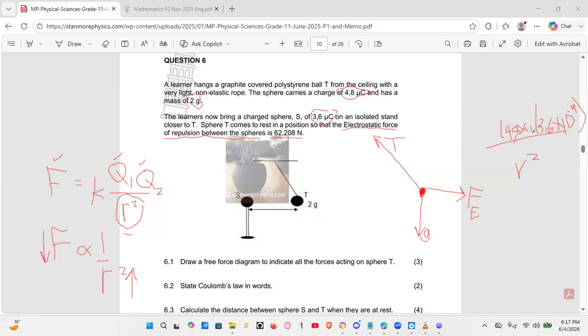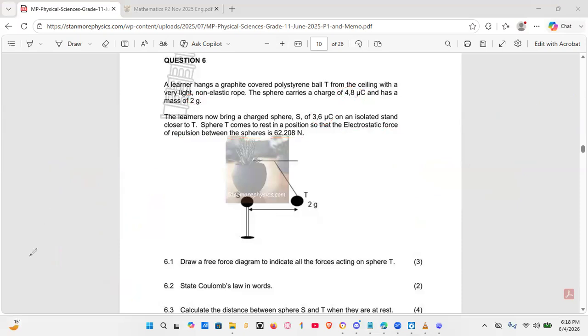Then you can solve for R squared. So K, and then you have your force. Just trying to reverse the formula here. 62.208. Then I think you can find the value of R squared.